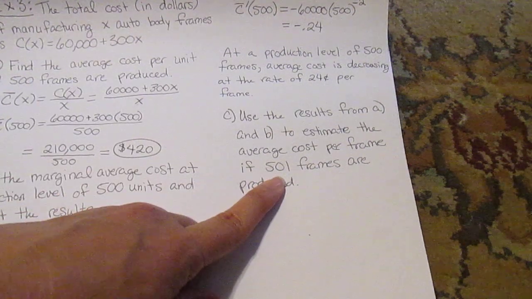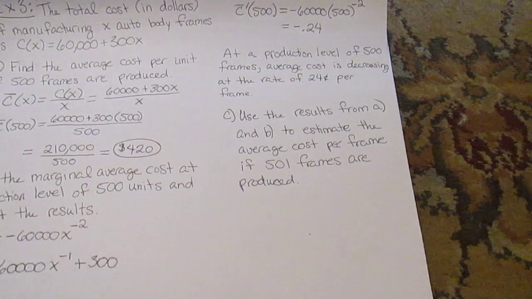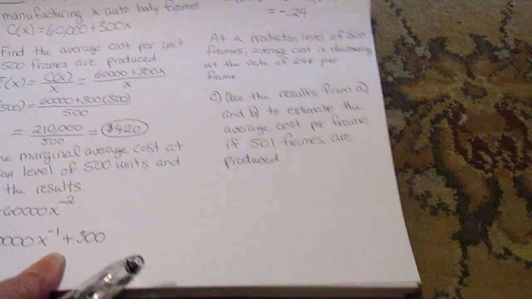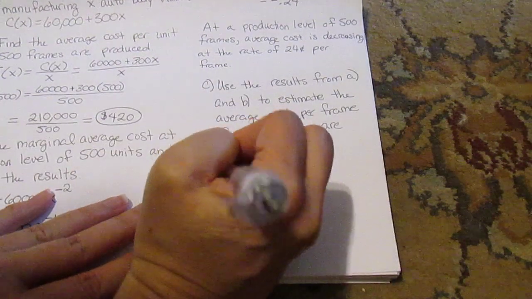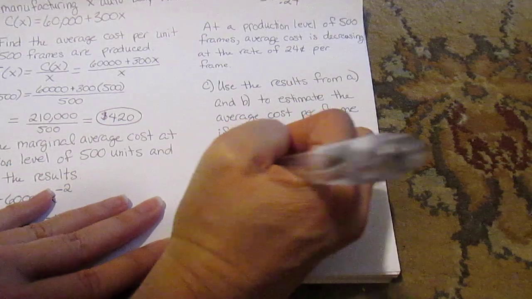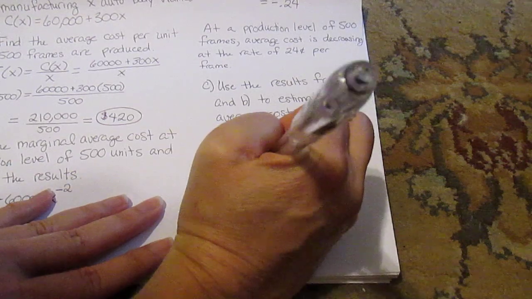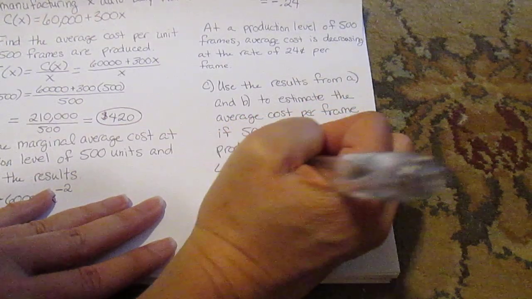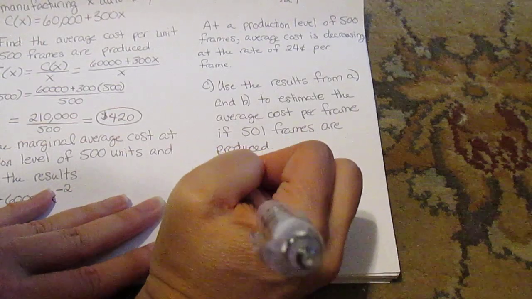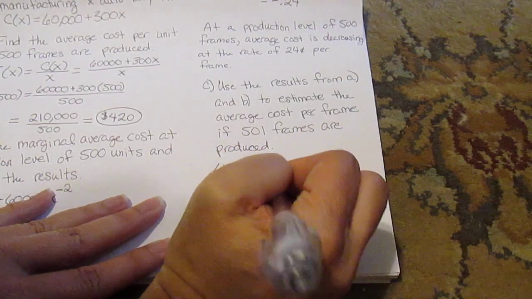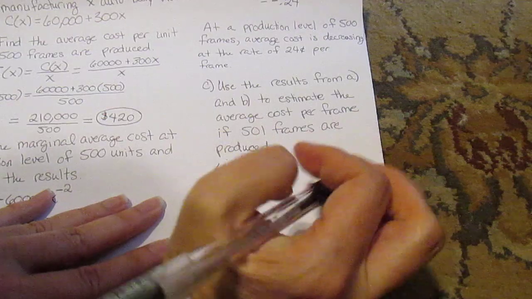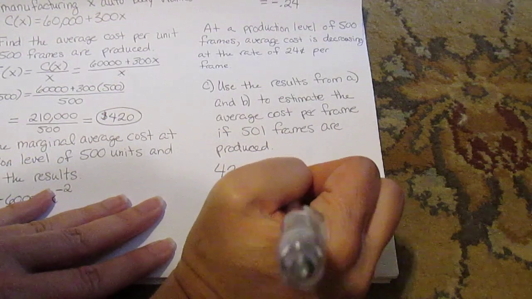So since we want to find 501, we'll just subtract 420 minus 0.24, which gives me $419.76.